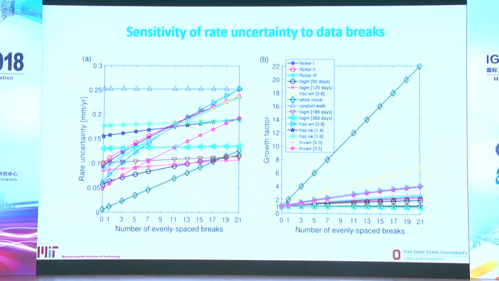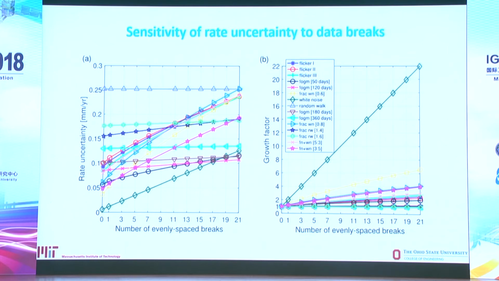So for a better description of the sensitivity of the rate uncertainty to the data break, we calculate this growth factor, which is calculated as the ratio between the uncertainty associated with a given number of data breaks to the uncertainty if there is no break at all.